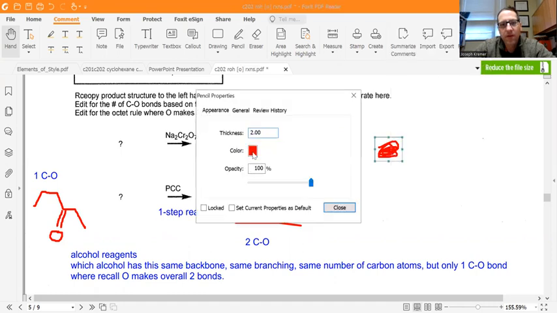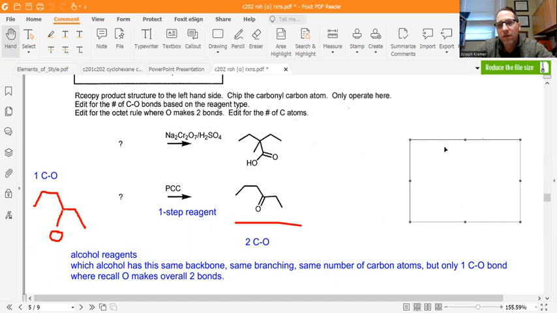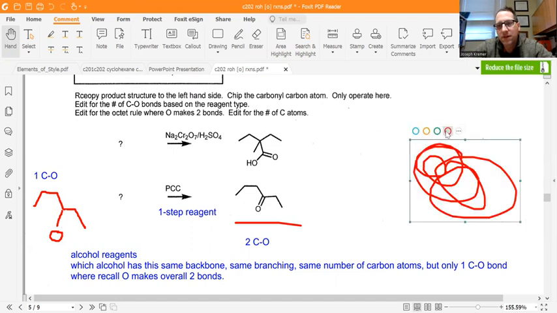I'm now changing to something, an eraser of a kind, and erasing one of these bonds. Getting there, getting there. And then remember the oxygen has 2 bonds, and we'll have to reinstall that.